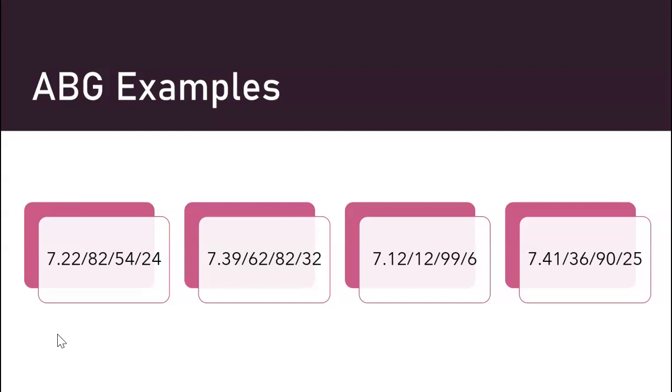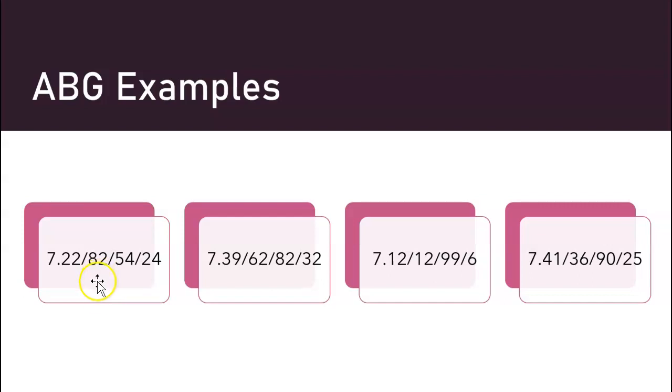Our CO2 is 82. We have a high CO2, which means our respiratory status is not great. We are not ventilating. Any high CO2 would mean we are not ventilating.